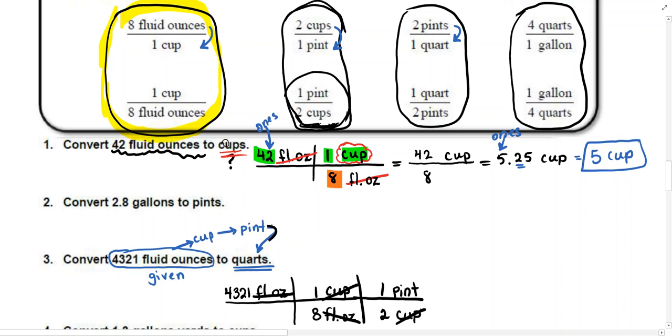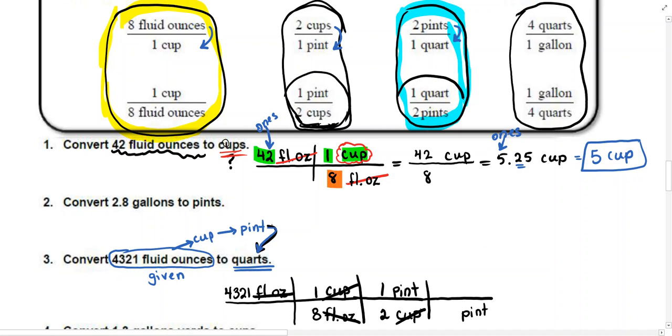And then we said from pints, we were going to convert to quarts. So we're going to set up another grid. All right, so now we're moving on to here, right? Whatever we choose, because our pints is in the numerator, we want to pick the one that has pint in the denominator.